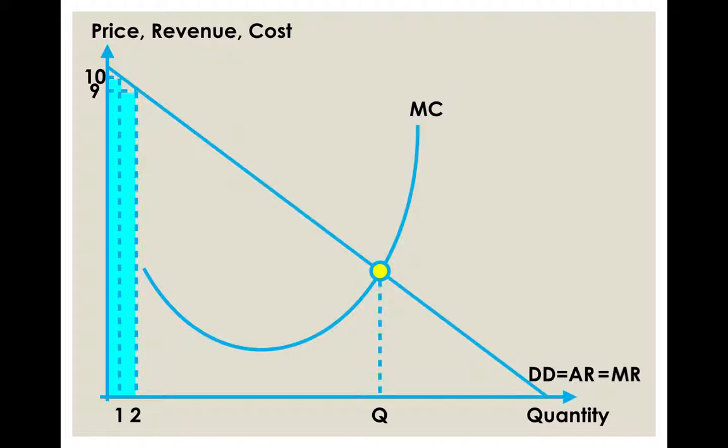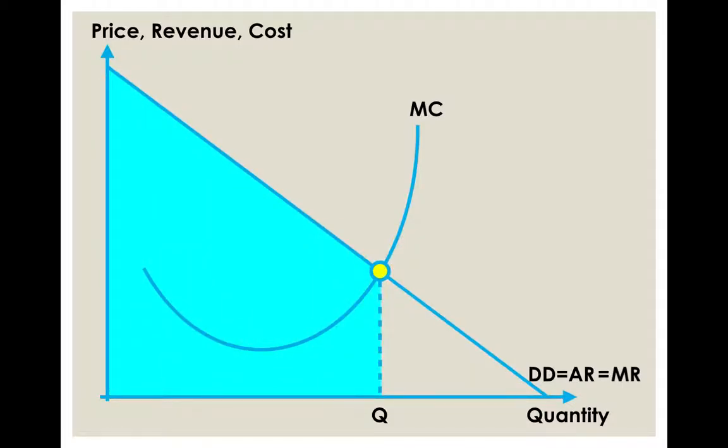And if we go on, for the third unit bought, the consumer will again be charged the maximum price that he's willing and able to pay, which is $8 for the third unit. And the additional revenue that the firm gets is again this shaded area underneath the demand curve. Now, if we extrapolate the analysis all the way until the profit maximizing quantity of Q, the total revenue received by the firm is essentially this entire area all the way to Q.